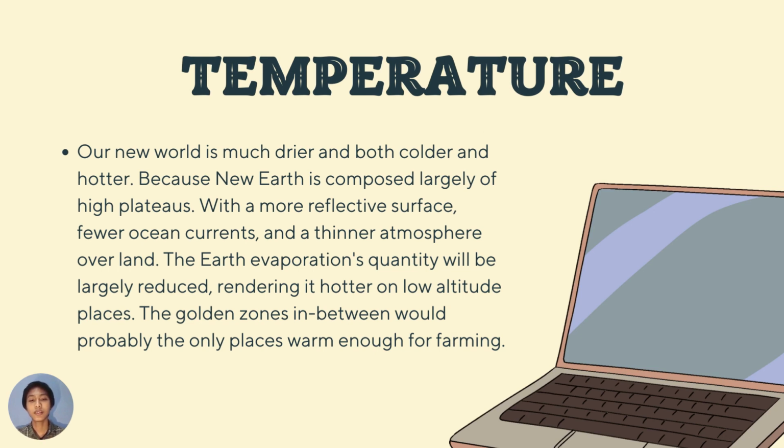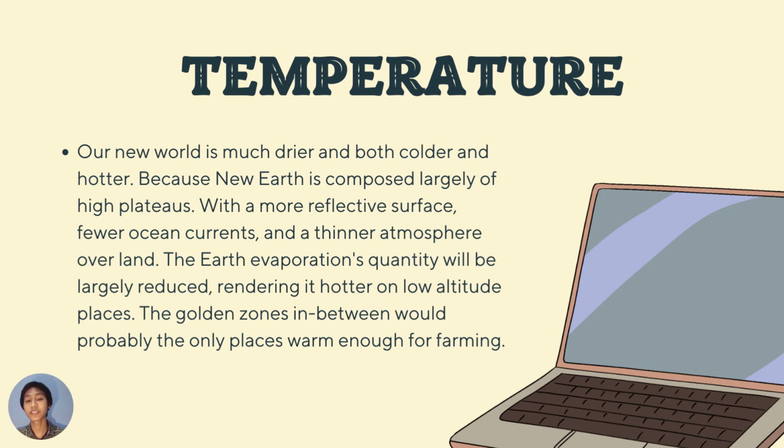The temperature will be much drier and both colder and hotter depending on which places we are talking about, because this new Earth is composed largely of high plateaus with a more reflective surface, fewer ocean currents, and a thinner atmosphere over land.